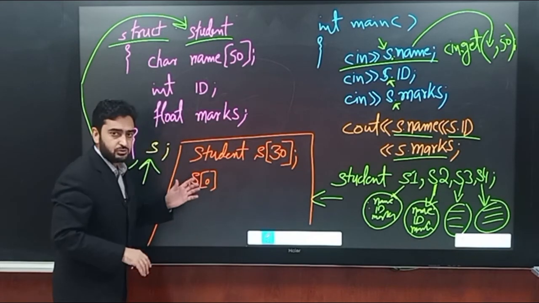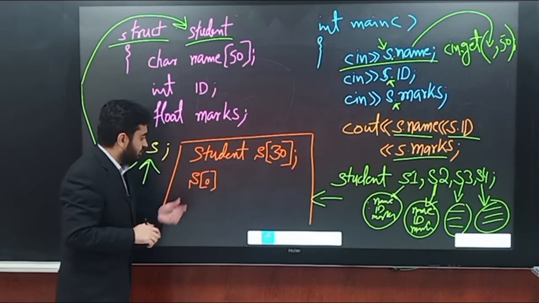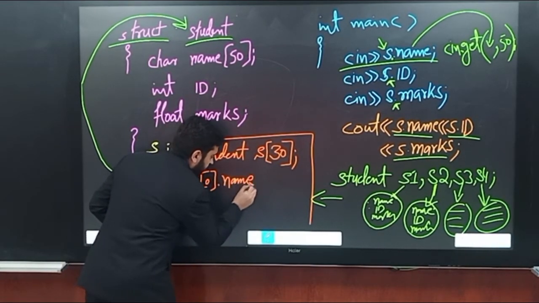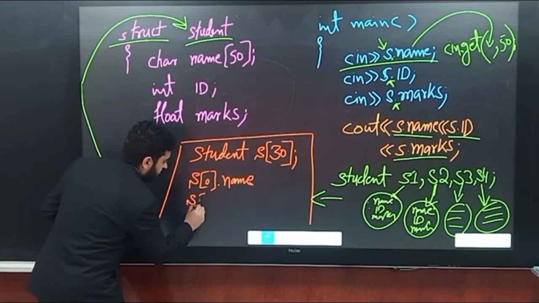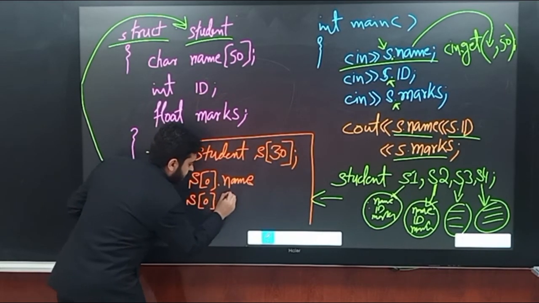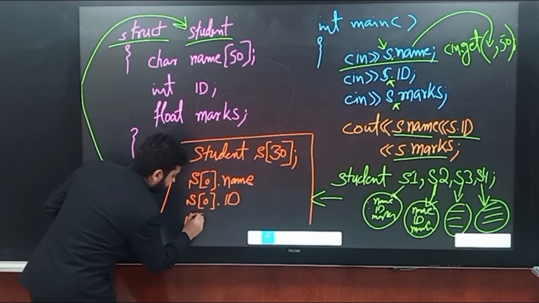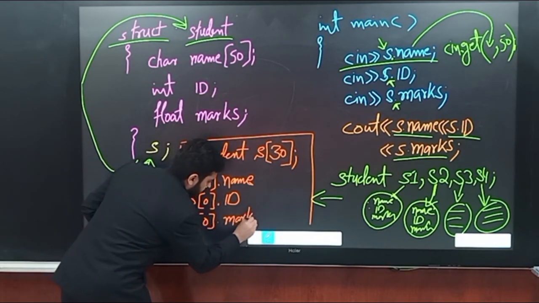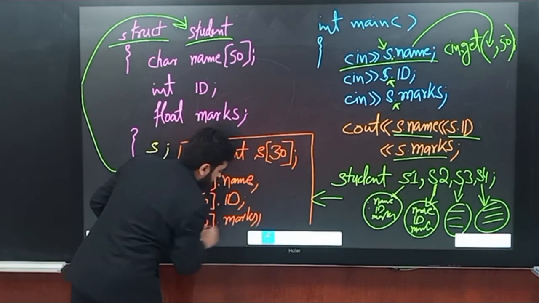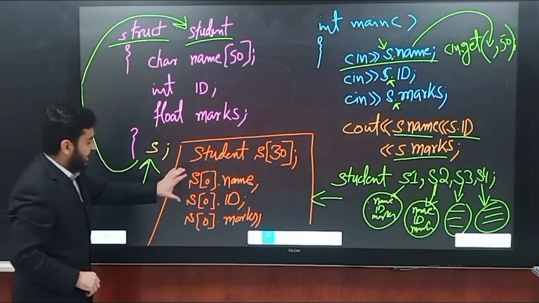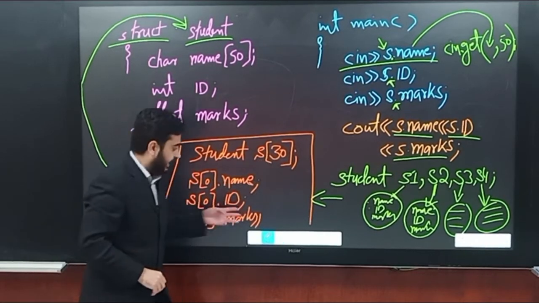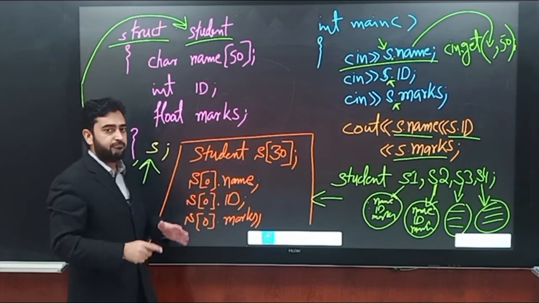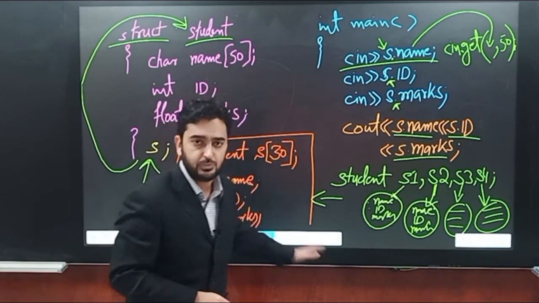So it means that in the first index 0, we have variable name. S of 0 has variable ID. S of 0 has variable marks. You see? So each index of this array has 3 variables, and then these 3 variables can be used for each and every student in this programming logic.